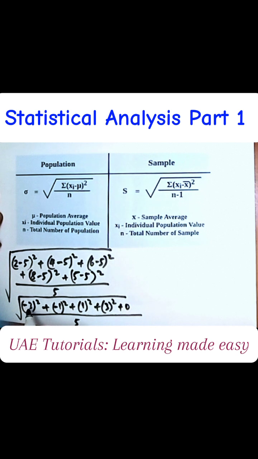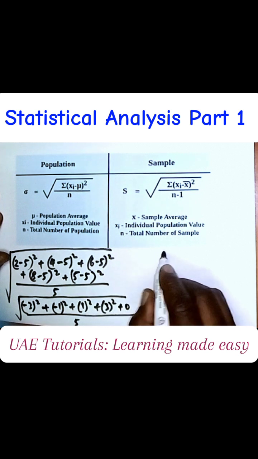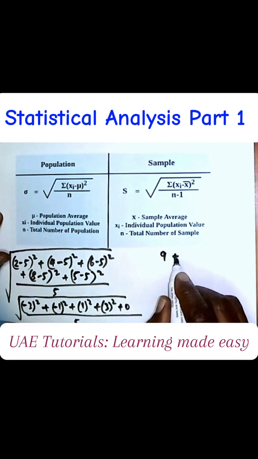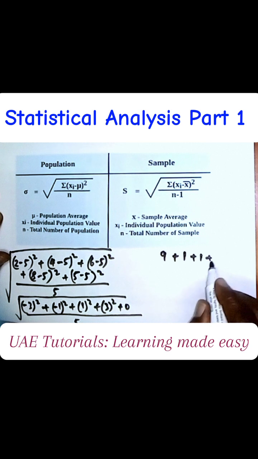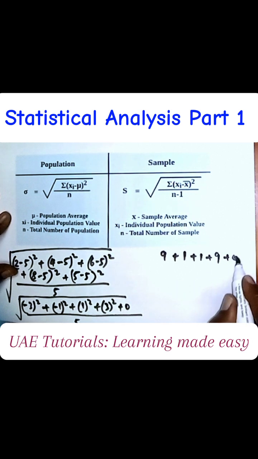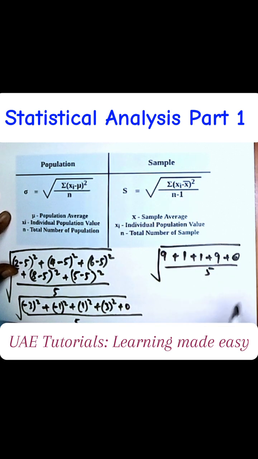Okay. When you're squaring any number, the minus sign disappears. So this becomes 3 squared, which is 9. Plus minus 1 squared, that's 1. Plus 1 again. Plus 9, plus 0. All over 5, and everything under the square root.